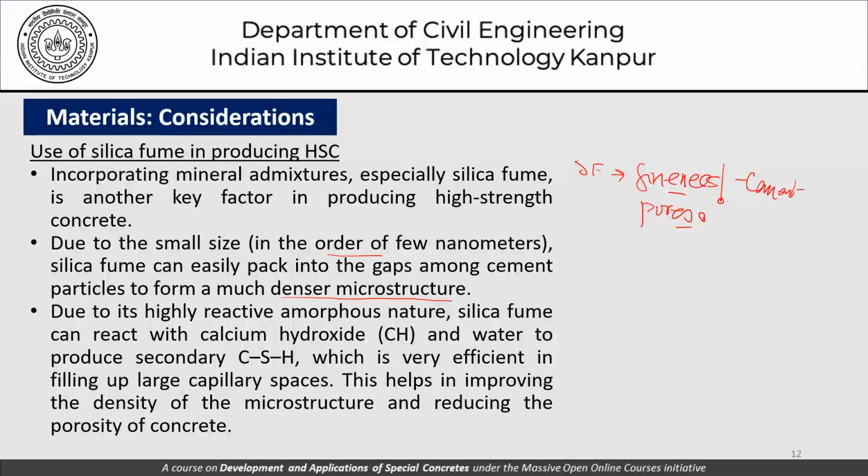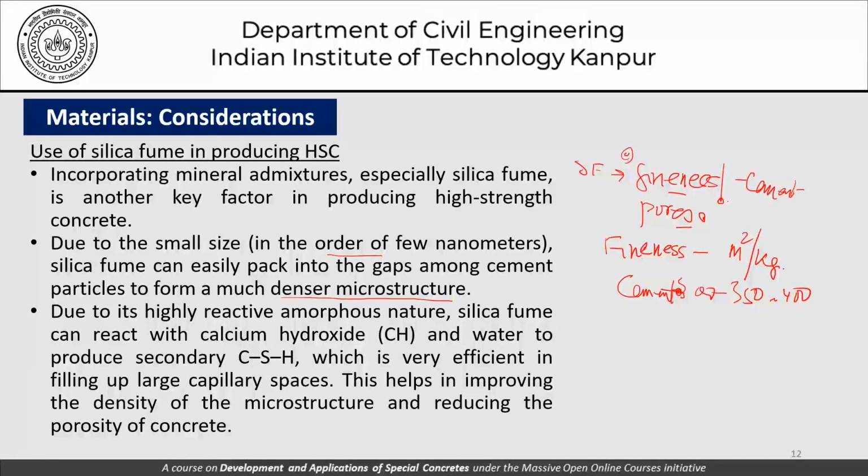I'm leaving it to you as an assignment to find out how fine exactly the silica fume is. As far as the fineness of cement is concerned, we know that it is measured in terms of surface area, that is square meters per kilogram, and we have numbers which could be close to 350 or 400 or sometimes 300. These are the kind of numbers we are looking for as far as cement is concerned.